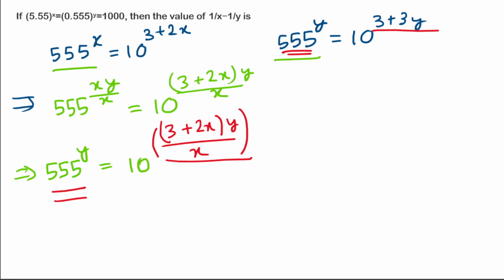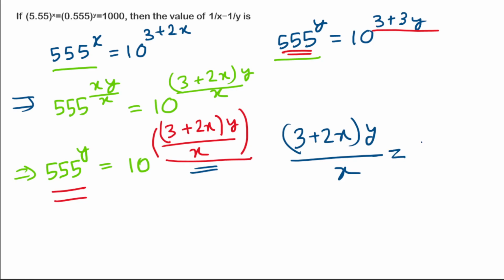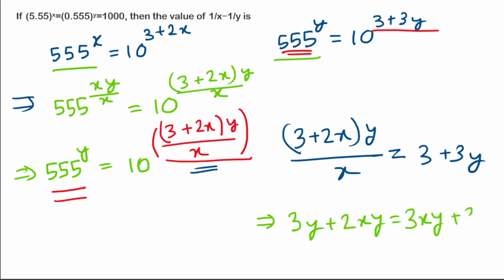So we can write that 3 plus 2xy by x, basically this term, is equal to 3 plus 3y. Let us try to solve this one. So again, what we have here is simply 3y plus 2xy equals 3xy plus 3x.